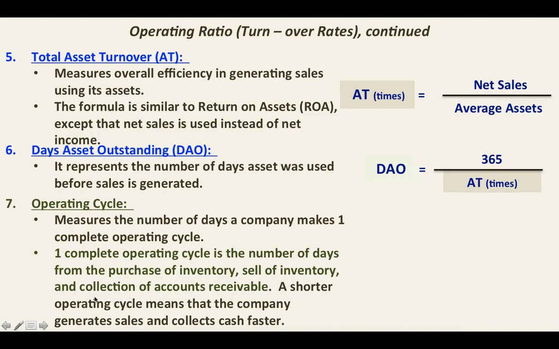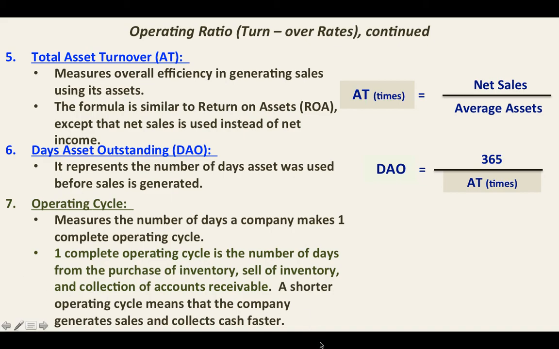So it means how many days it will take from the time that you bought the inventory up to the time that you have sold it and then collected the cash for that sales. So a shorter operating cycle means that the company generates sales and collects cash faster.